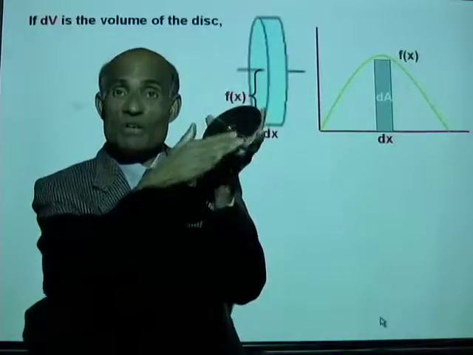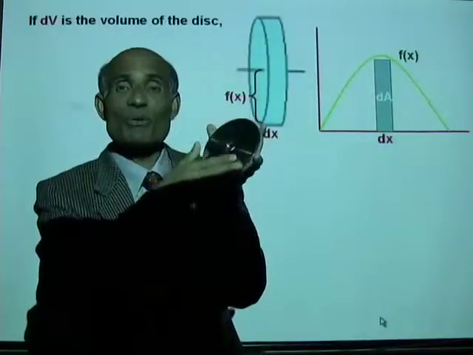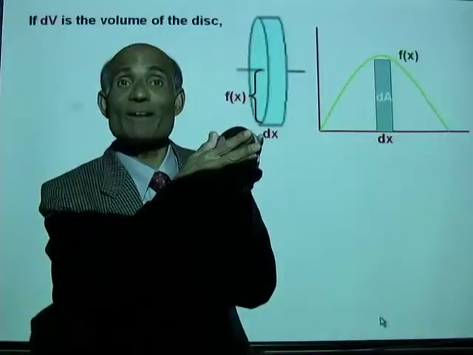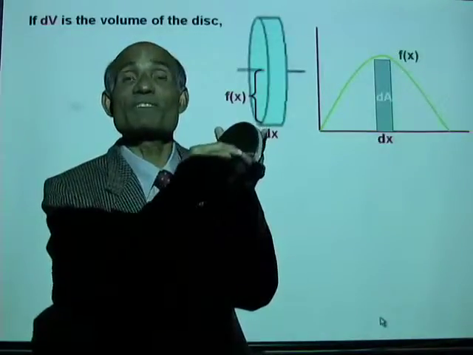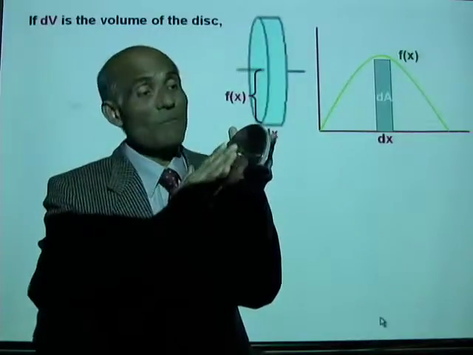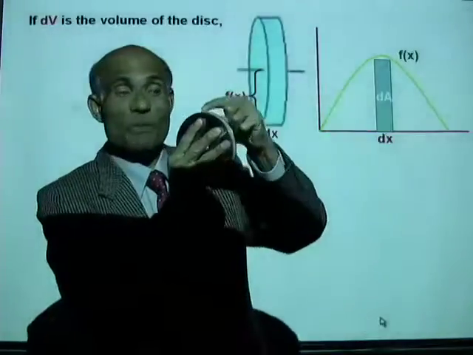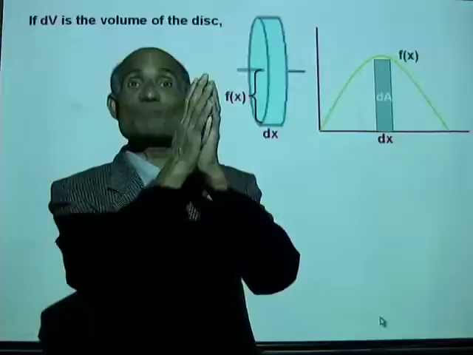Now, the one face of the disk is a circle. What is the area of this circle? Area of this circle is pi r squared, where r in this case is f of x. That's right. So, pi r squared is the area of this face, multiplied with the thickness of the disk, will give you the volume of the disk.